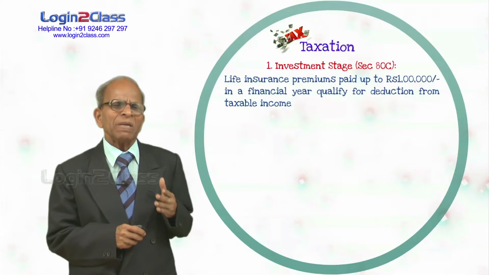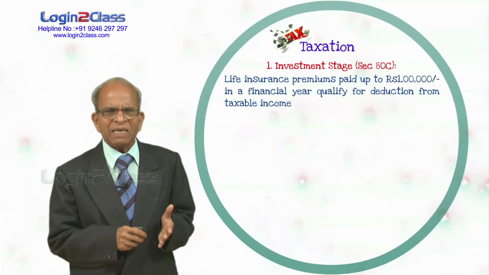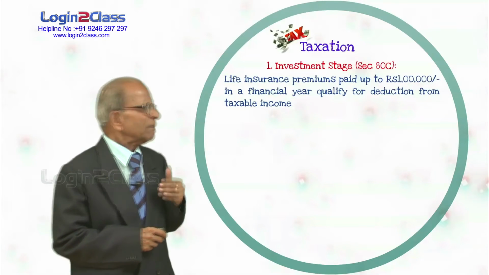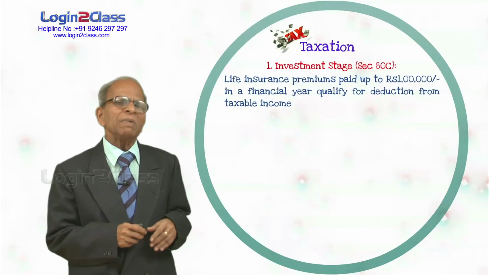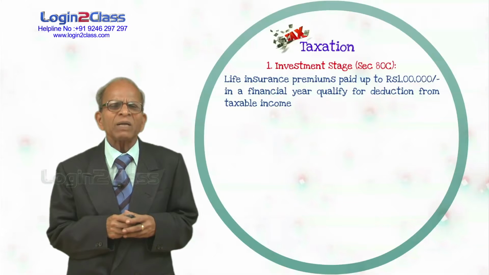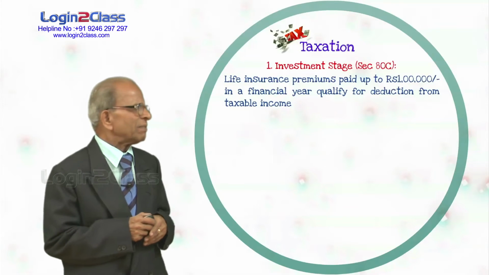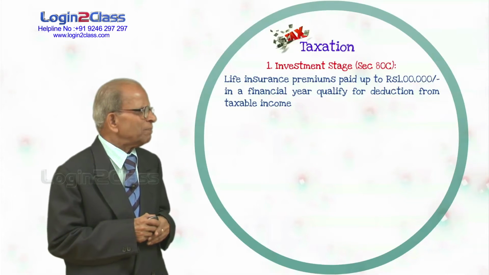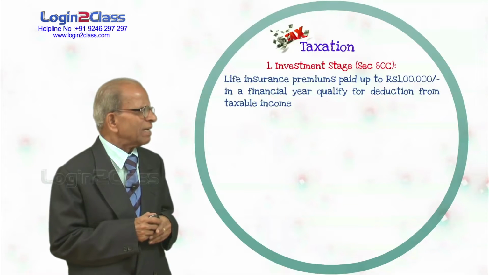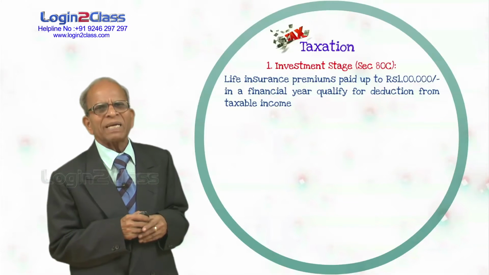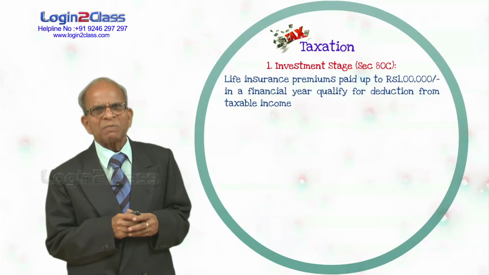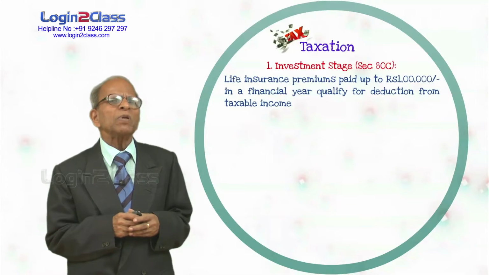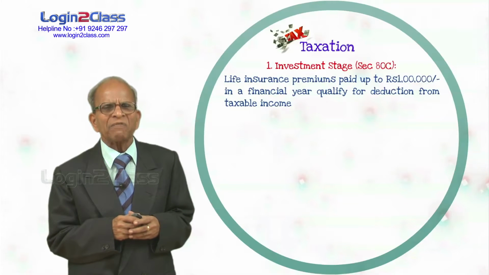Premiums paid up to 1 lakh in a financial year are eligible for deduction from the taxable income. The premium is deducted from the income and only the balance amount is taxed. This is a very valuable exemption to the customers and many people stress this point and affect sales.